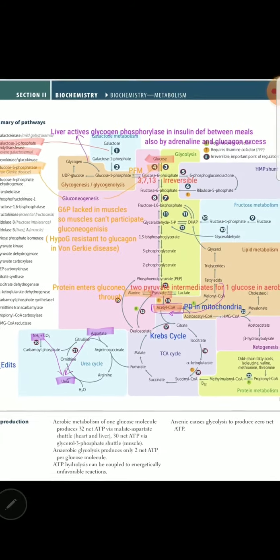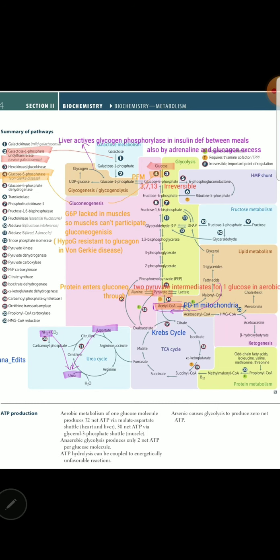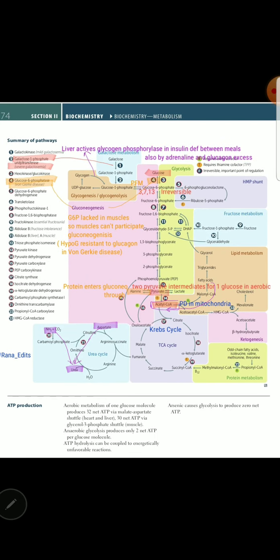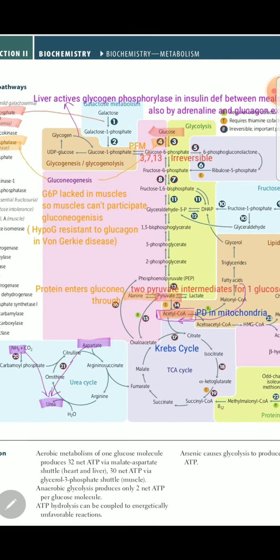So another very important thing to understand is gluconeogenesis, the formation of new glucose from either protein or through the alanine path, and this is the reverse of the glycolysis pathway. This glucose 6 phosphatase enzyme is at position number 4 here.